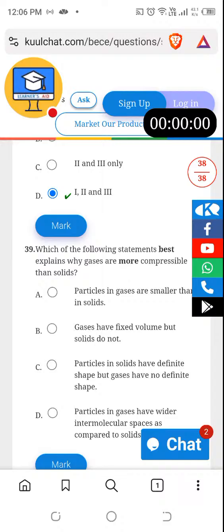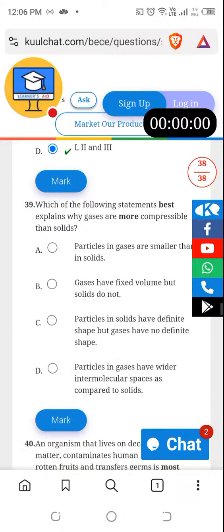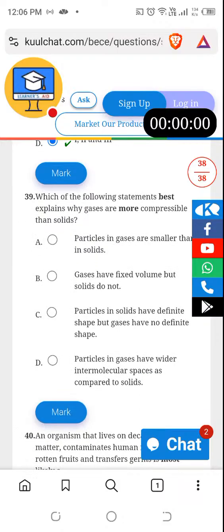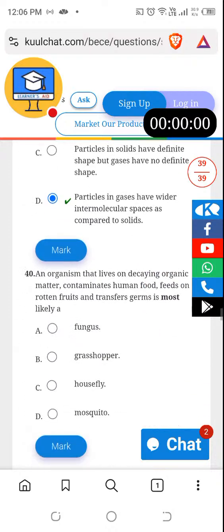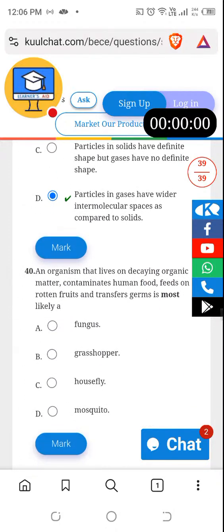Well, particles in solids have definite shape, but gases have no definite shape. Nah. The particles in gases have wider intermolecular spaces as compared to solids. Yeah, I'll go for this one, the D. Let's check out our answer. Good. That's 39. Our last question for the round.